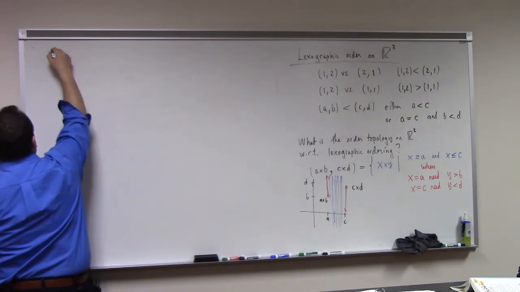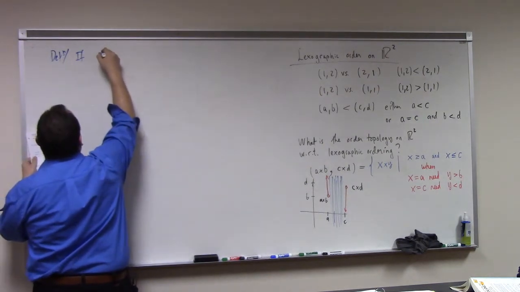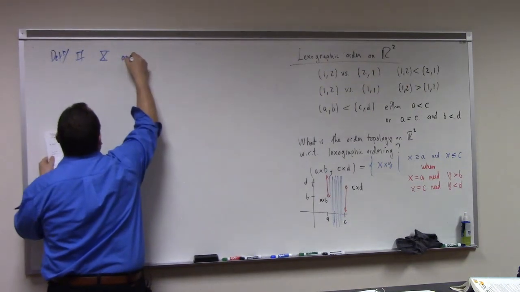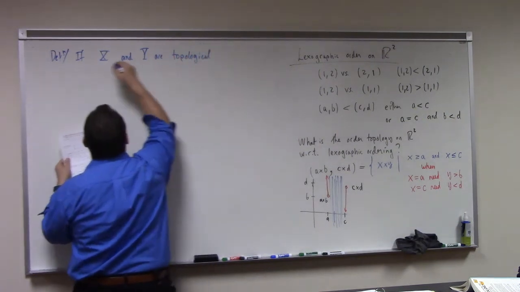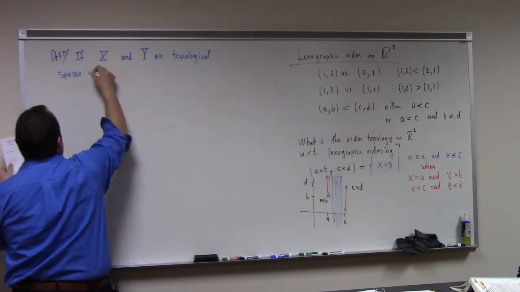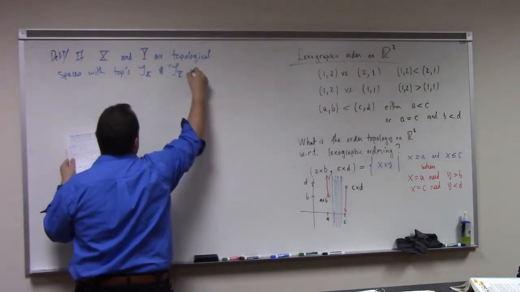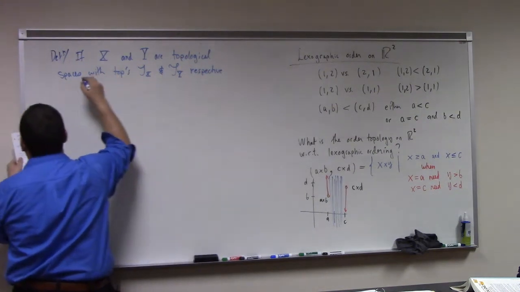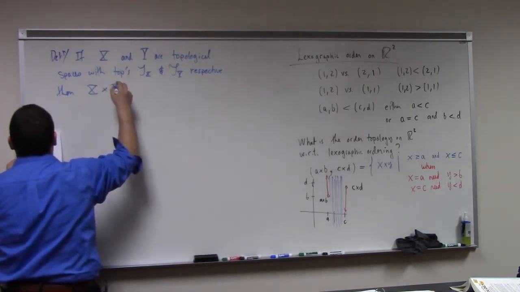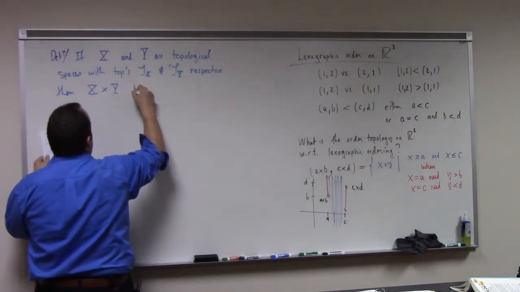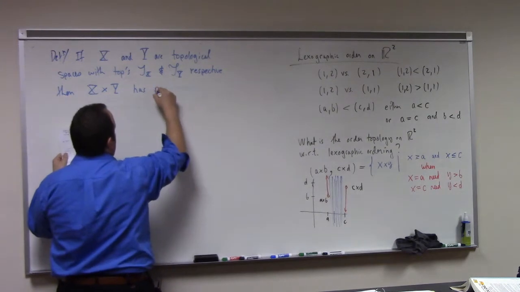But the product topology is, definition, let's say if X and Y are topological spaces with topologies tau X and tau Y respectively, then the Cartesian product of X and Y has topology called, let's say, the product topology.